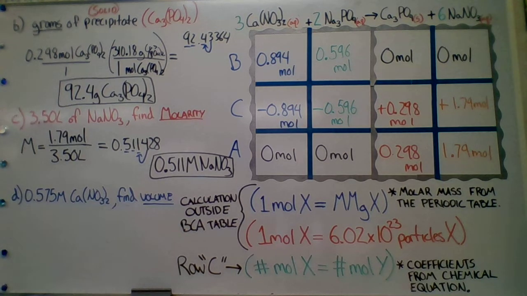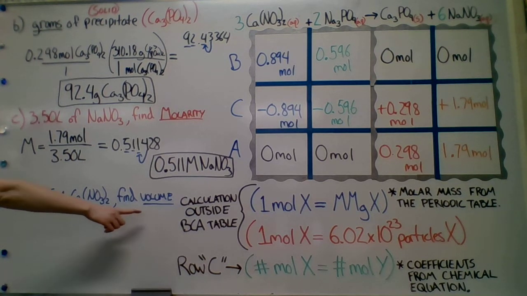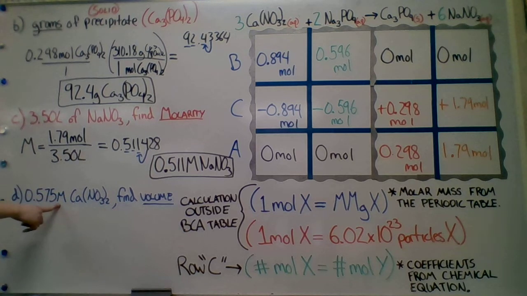So now we can go ahead and calculate letter D. Letter D says if a scientist was using 0.575 molar calcium nitrate instead, what volume in liters would be necessary to produce the same amount of calcium phosphate that you calculated in your BCA table? So we need to find the volume of calcium nitrate. You have to be careful because it's asking you to produce the same amount of calcium phosphate.